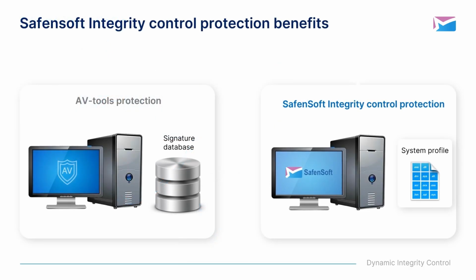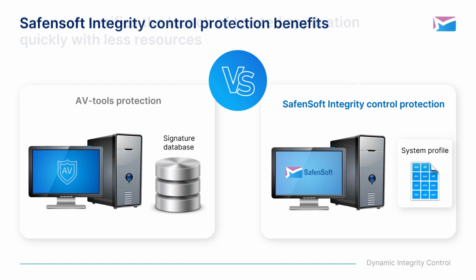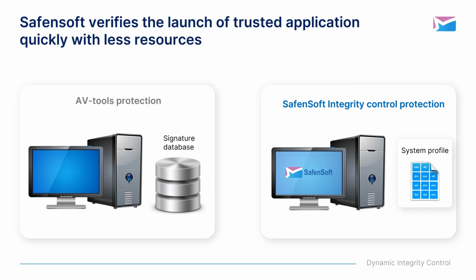Let's compare the approaches of AV companies, which use blacklist technology, on the left, and SafenSoft integrity control protection, on the right. Consider a good process is starting, not a virus, a notepad for example. In the case of blacklisting AV technology, the AV driver intercepts such a request, pauses the start of the process, and scans the PE files according to the antivirus database.